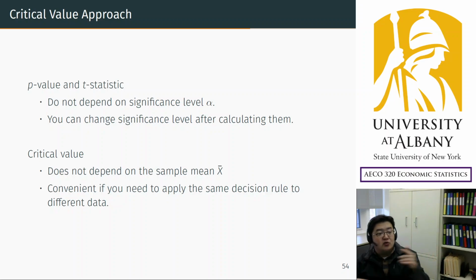You do not need to recalculate the p-value each year. Just do the survey, take the sample average and make the decision right away. That will be more convenient in some situations. And I'm going to show you in the next chapter where the critical value approach should be used.